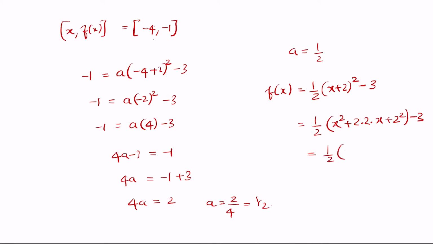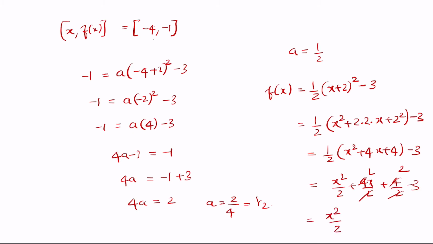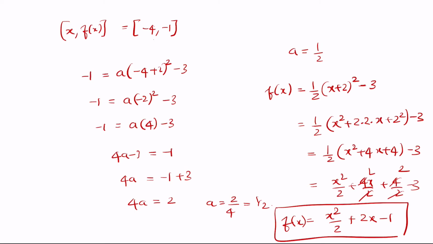So 1 by 2 times (x square plus 4x plus 4) minus 3, which can be written as x square by 2 plus 4x by 2 plus 4 by 2 minus 3. So 2 ones, 2 twos, 2 ones, 2 twos. So it becomes x square by 2 plus 2x minus 1. So this is the function in its general form. So this is how you can write the quadratic function in its general form.